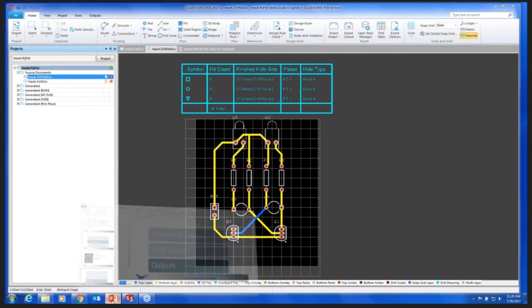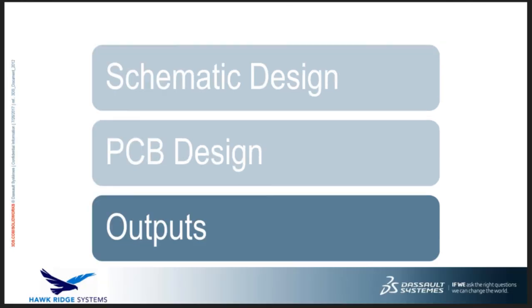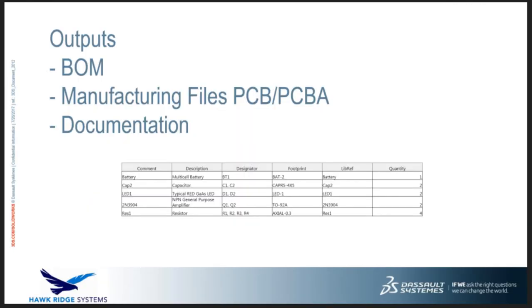Okay, so that was our outputs portion, where we looked at bill of materials, manufacturing files for circuit board PCB, circuit board assembly, PCBA, and all of our documentation associated with our design.